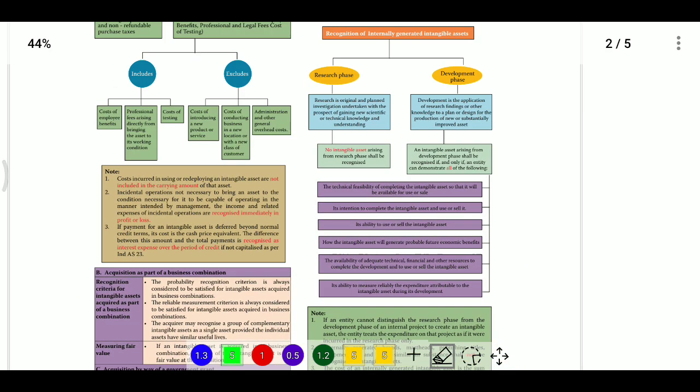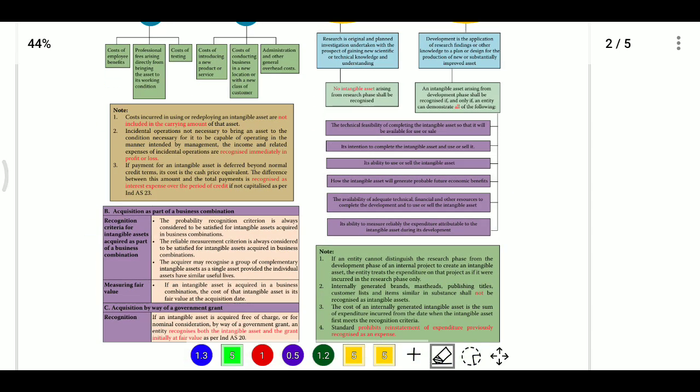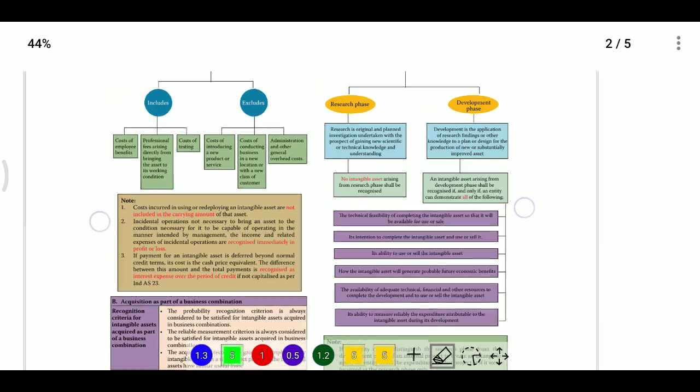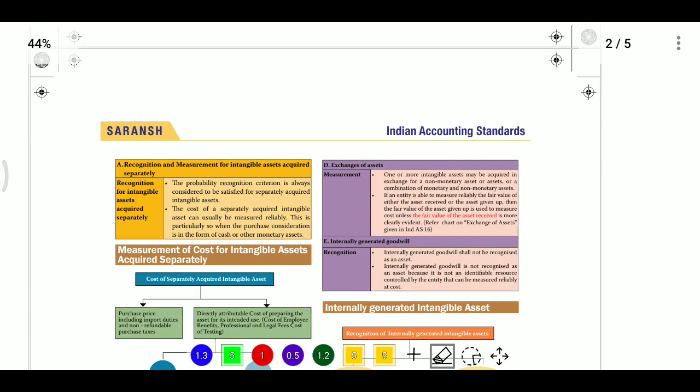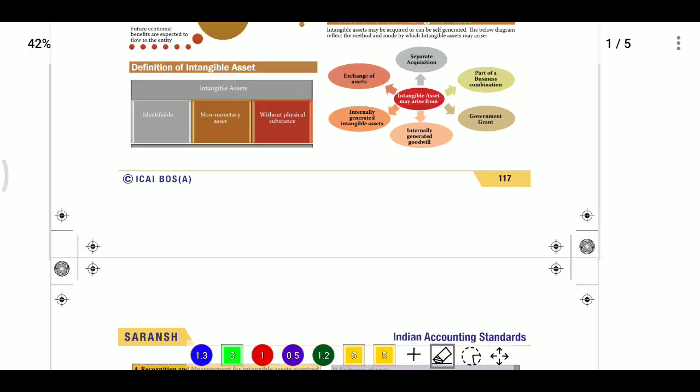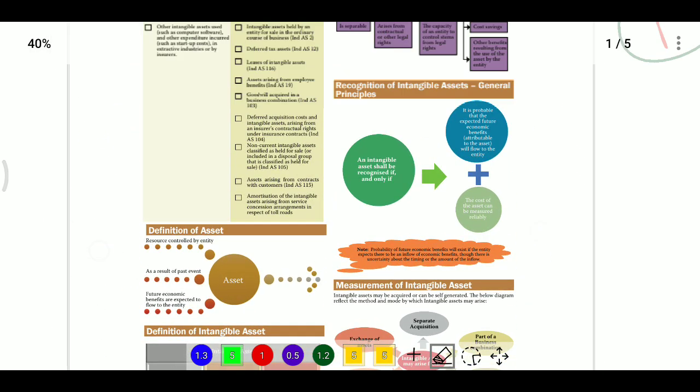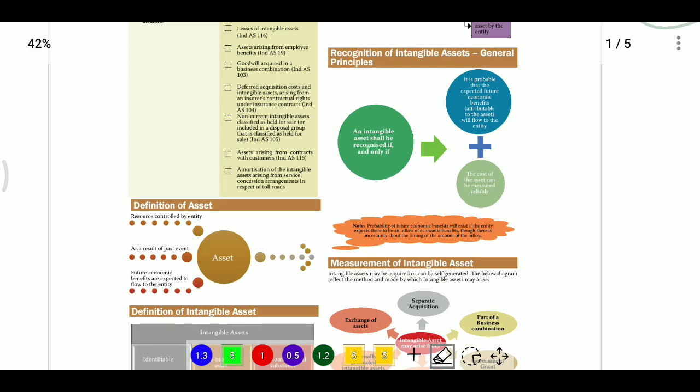Or we provide staff training programs for the purpose of giving staff knowledge, and the staff may leave our company at any time. We do not have control, as they can resign at any time. So employee training programs will not be an intangible asset.